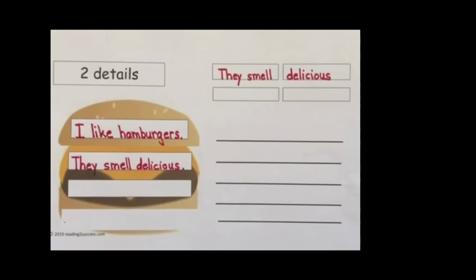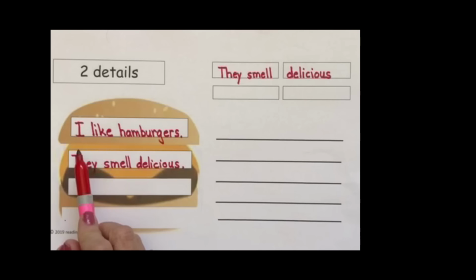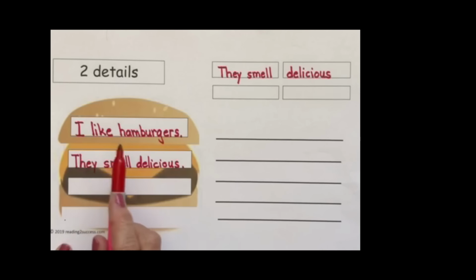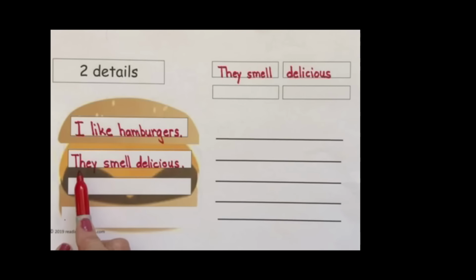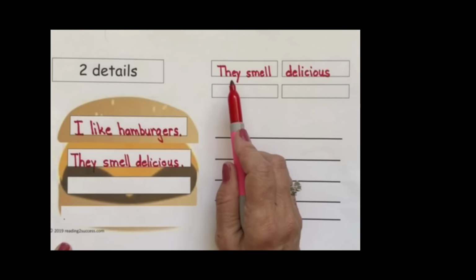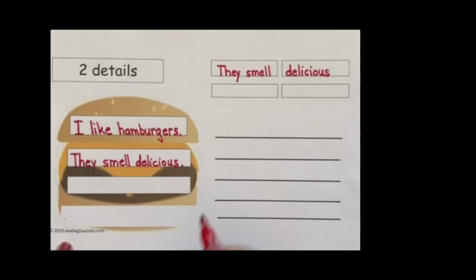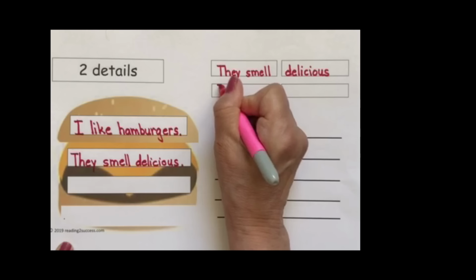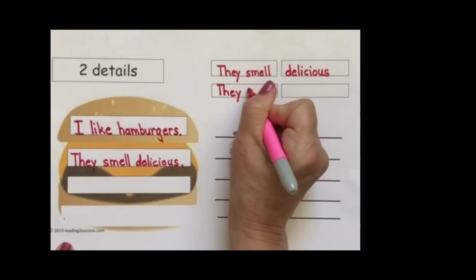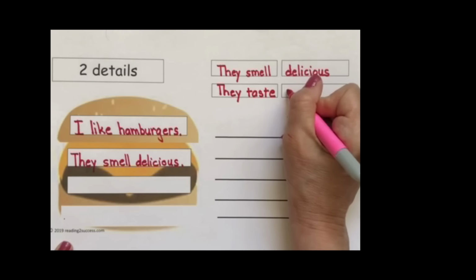Now we're going to move on to our activity with two details. We're going to begin where we left off. We had our topic statement, I like hamburgers. Then for our detail sentence, we said they smell delicious, and that was our first detail sentence. Now we are going to make one about taste. They, meaning the hamburgers, they taste yummy.